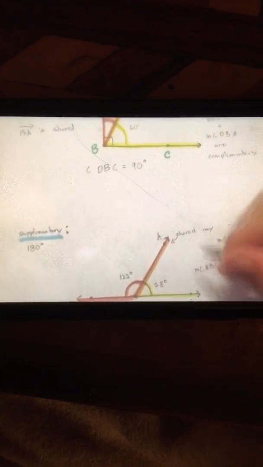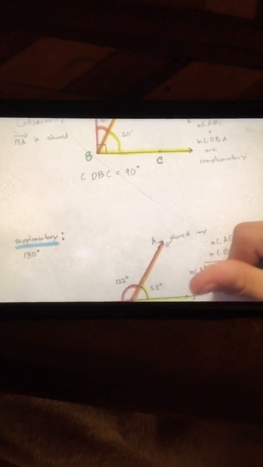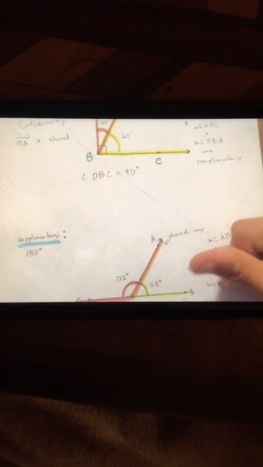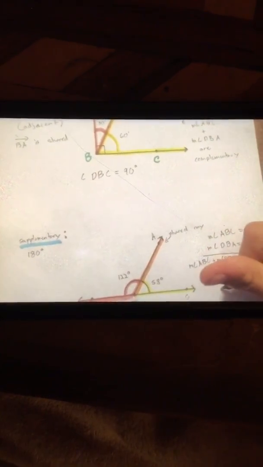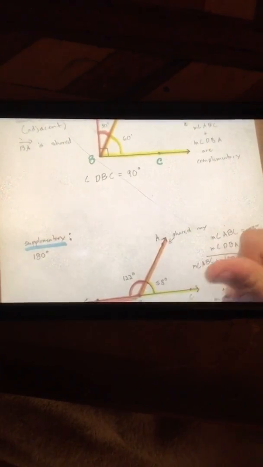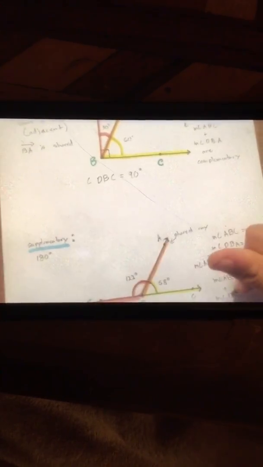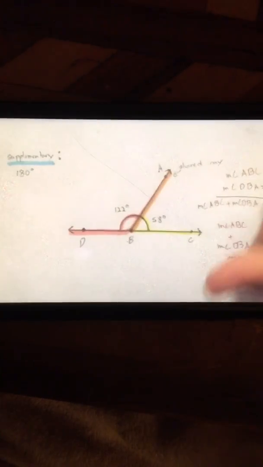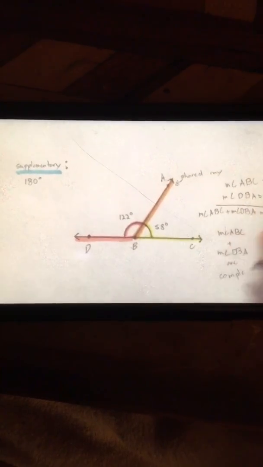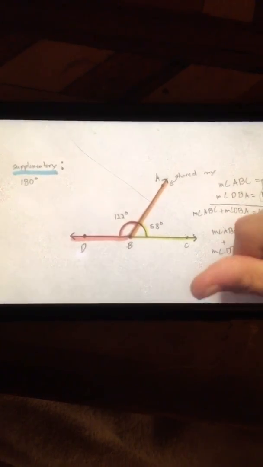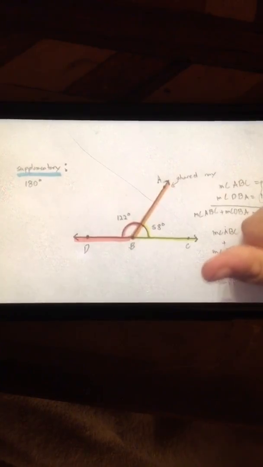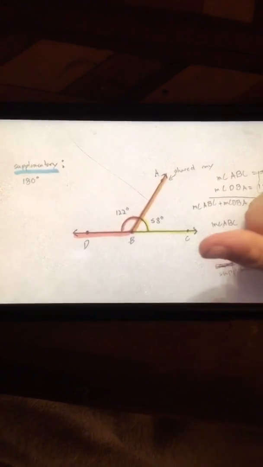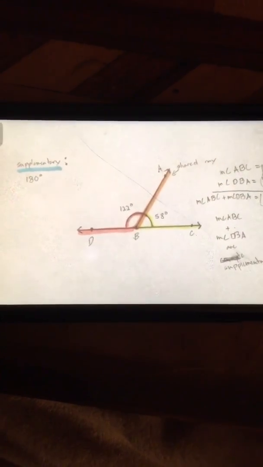And because that is equal to 180 degrees, we can then conclude that measured angle ABC and measured angle DBA are supplementary.